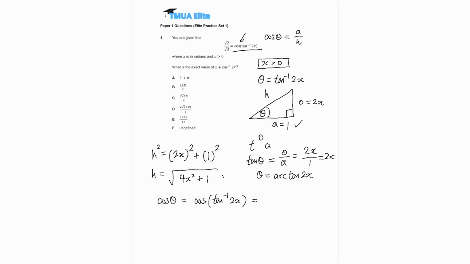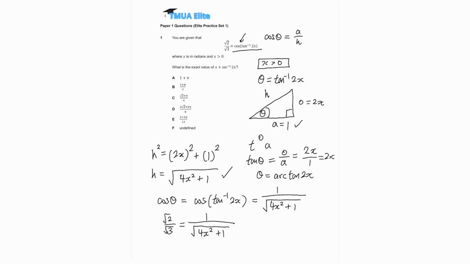Adjacent is 1, hypotenuse is this thing that we figured out. So that equals 1 over square root of 4x squared plus 1. And we also know that cos theta, or cos of arctan 2x, is equal to root 2 over root 3. So we then know that this thing we have here is equal to root 2 over root 3.